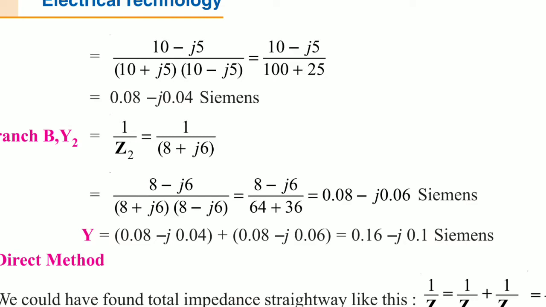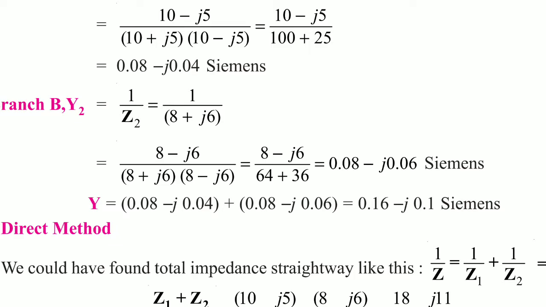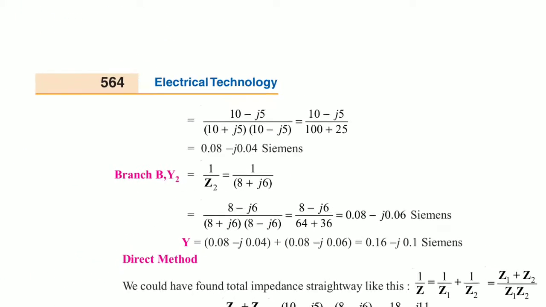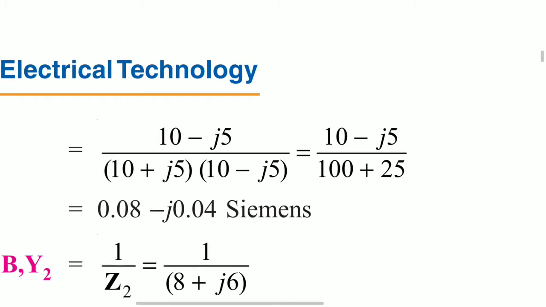That will give 0.08 minus j0.06 Siemens. So Y, in general, we can say that Y1 plus Y2. Here, Y1 is 0.08 minus j0.04.